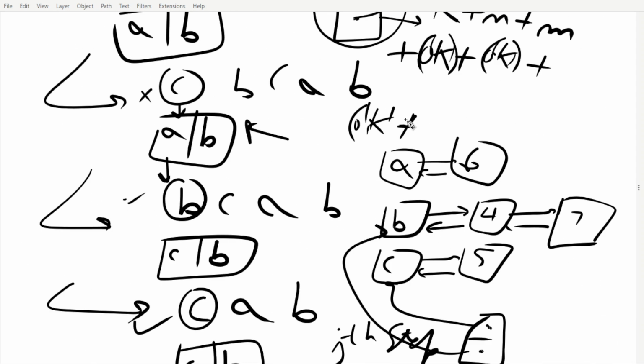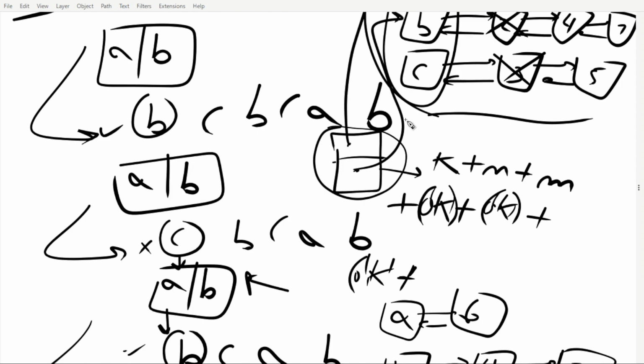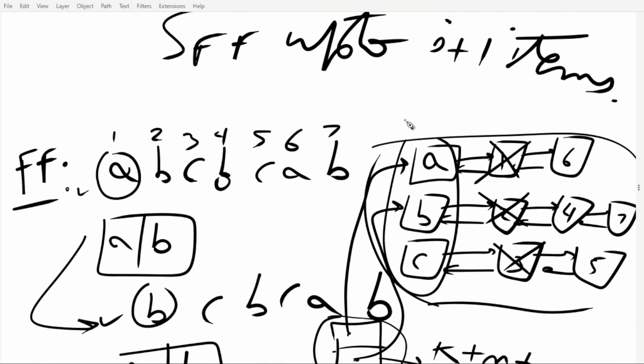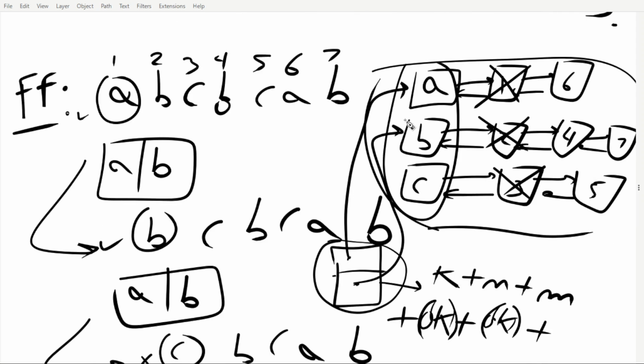Now we can also see the three characteristics of our greedy algorithm in the farthest in future algorithm. First is the greedy choice property.